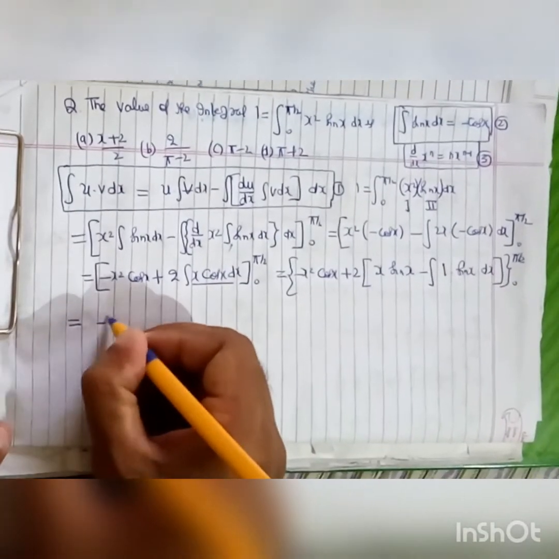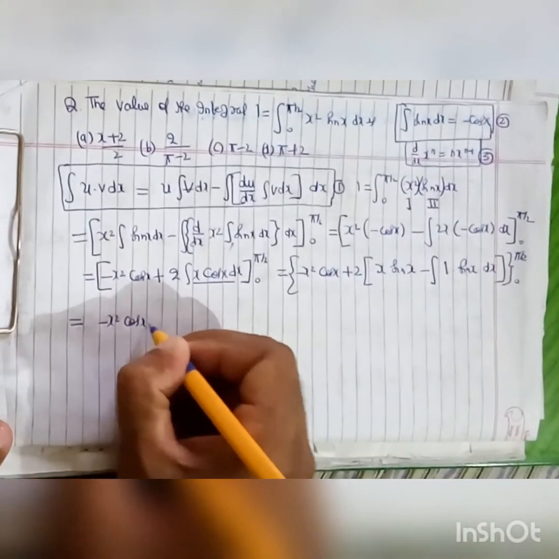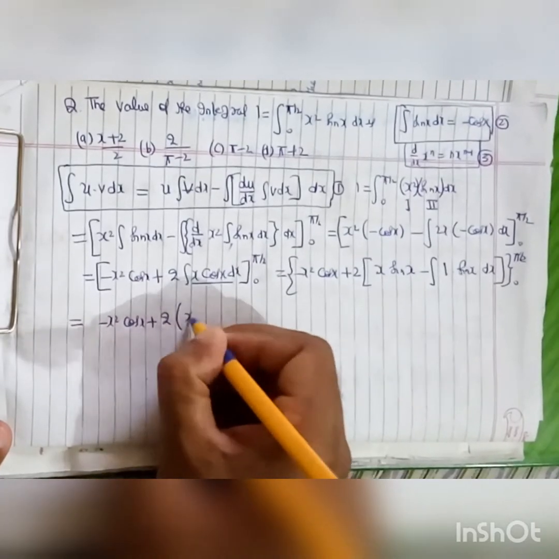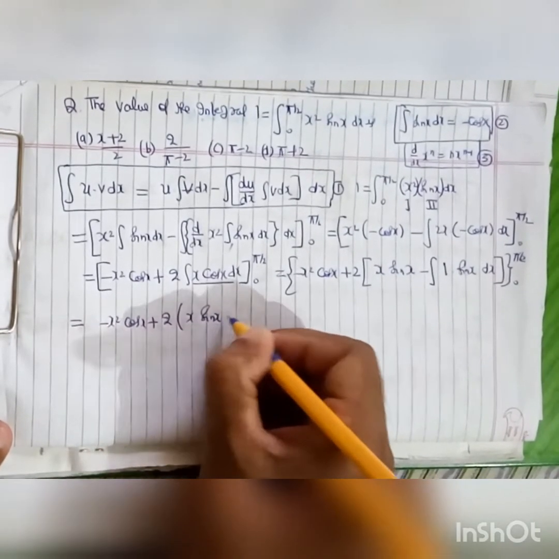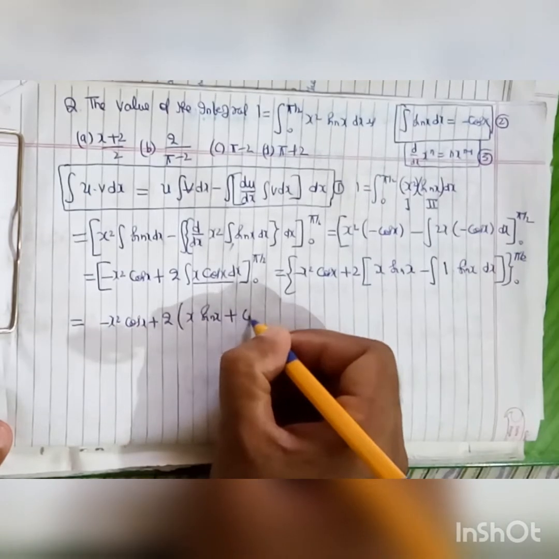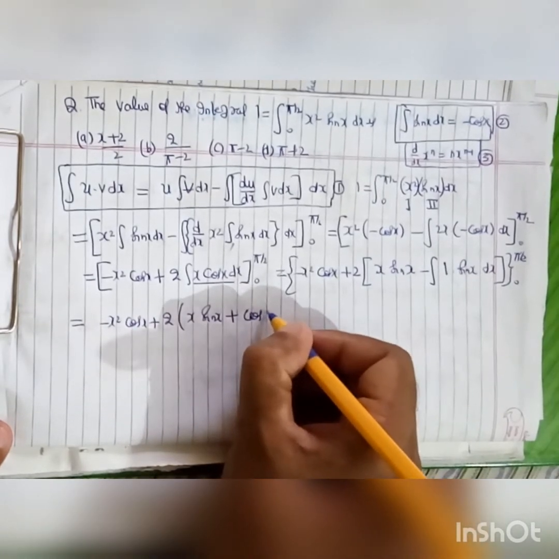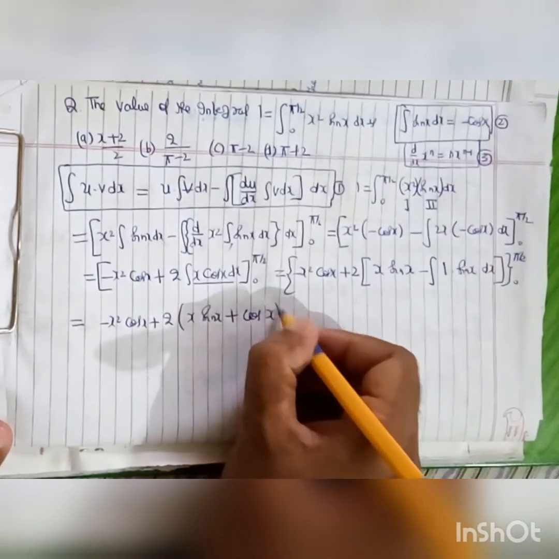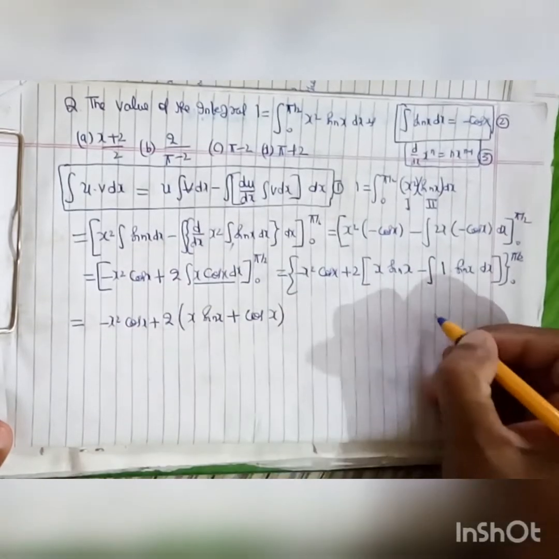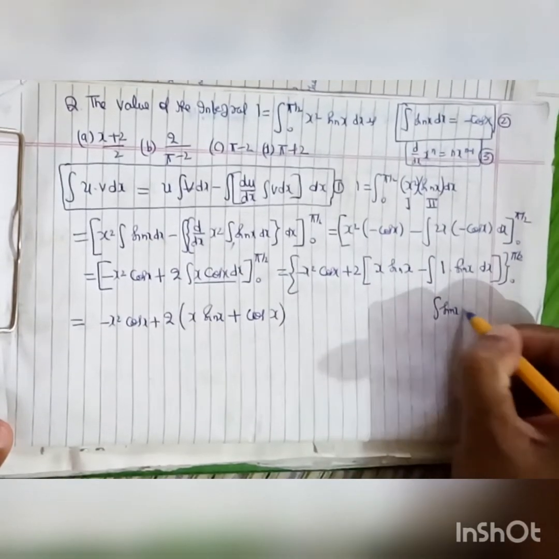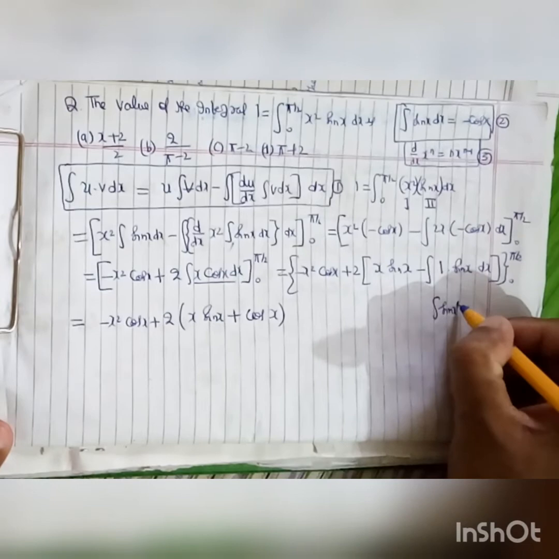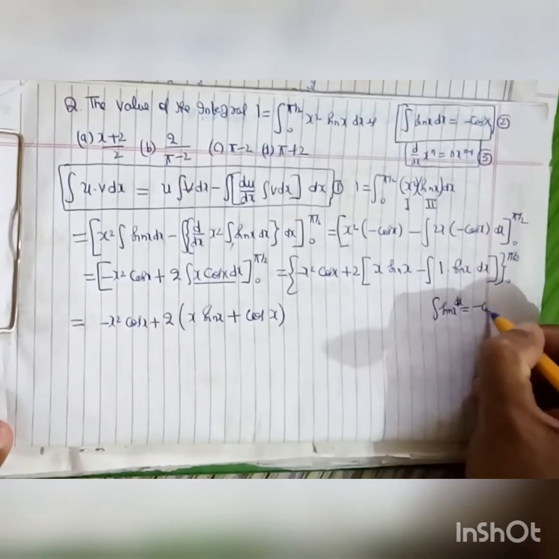So it will be minus x square cos x plus 2x sin x plus the integration of sin x, which is minus cos x, because the integration of sin x dx is equal to minus cos x.